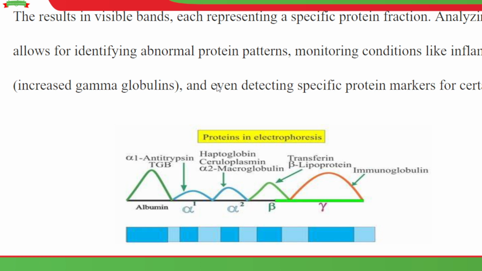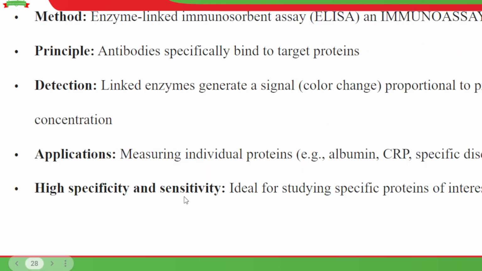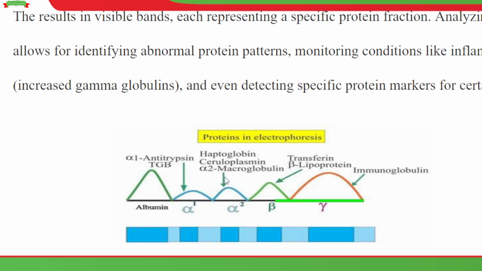Let's look at this illustration here, where we have albumin being measured. At band 1 we have albumin, then alpha 1, alpha 2, beta, and then gamma globulins. It helps to separate. So this process of electrophoresis helps separate each of these proteins into specifically what they really are.